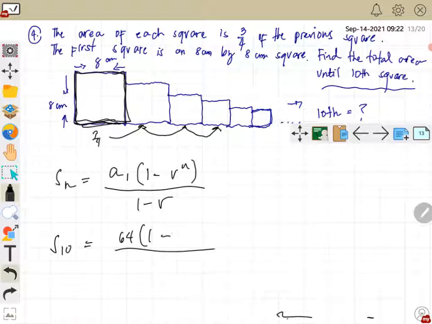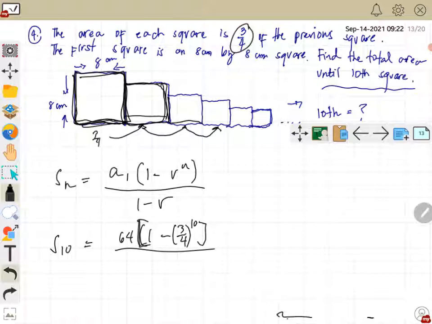Then 1 minus, what is our r? When we multiply this by 3/4, you get this area, and multiply this by 3/4, you get this area. So our r is 3/4, raised to 10. Then we have 1 minus 3/4.